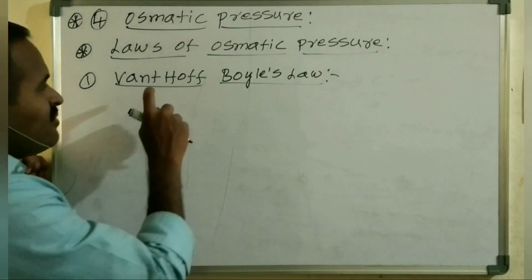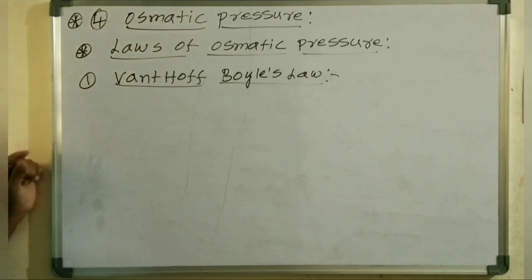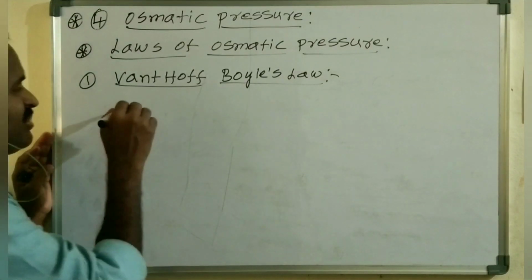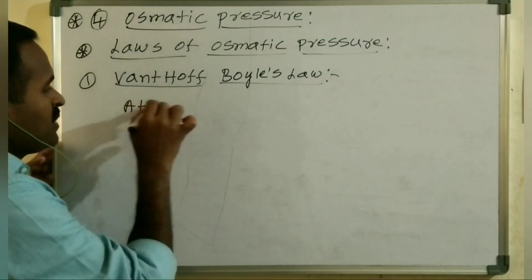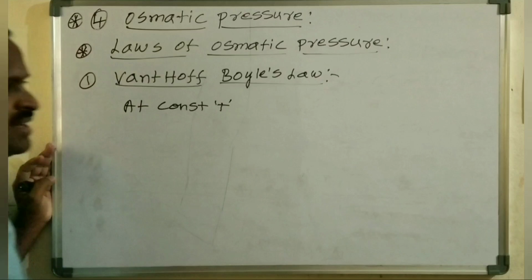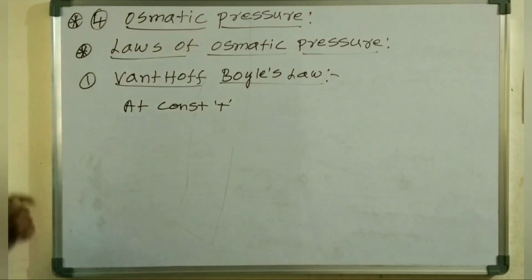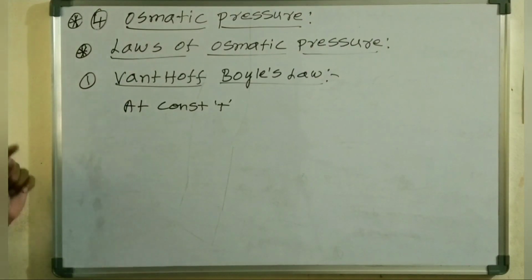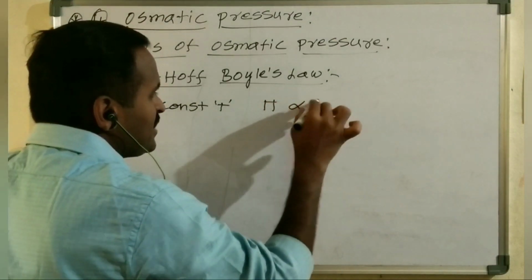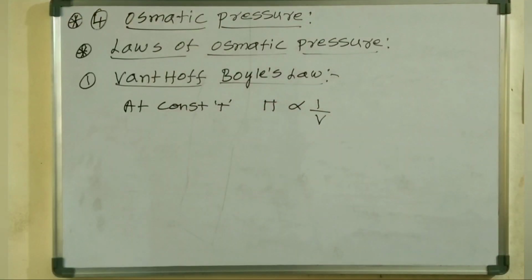Here, according to Van't Hoff's Boyle's law, at constant temperature the osmotic pressure pi is inversely proportional to the volume of the solution.